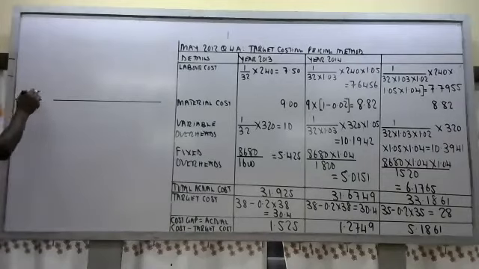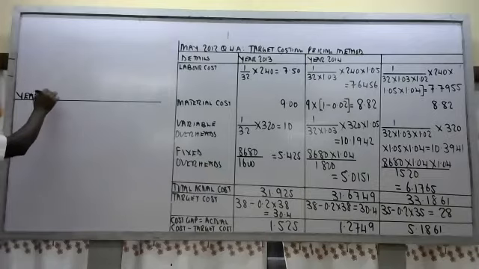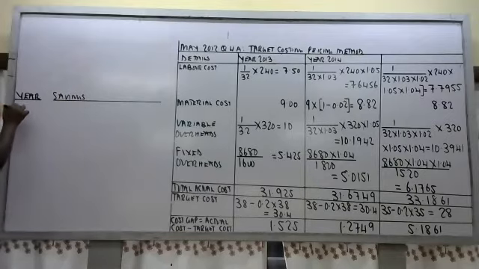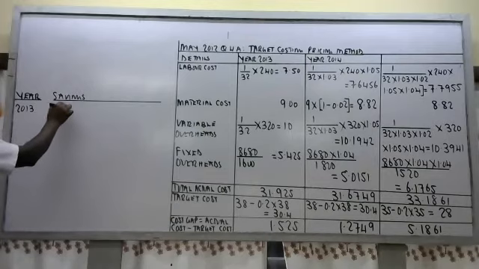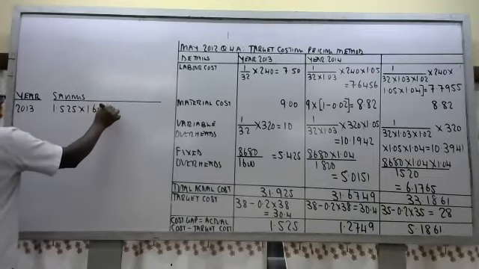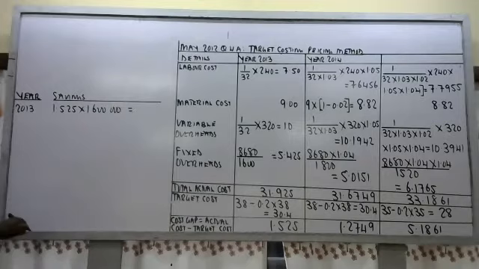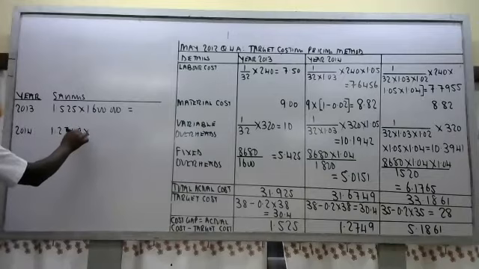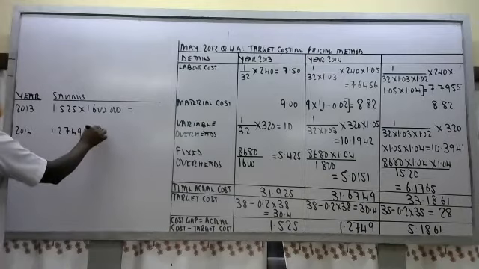So you shall come here and write the year and then the savings. For the year 2013, it is 1.525 multiplied by 1,600,000 units. That will be your savings. The year 2014, it is 1.2749 times 1,800,000.